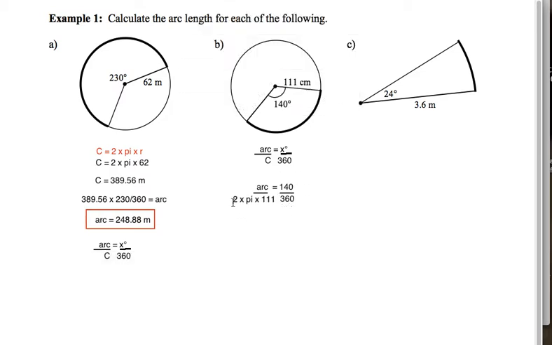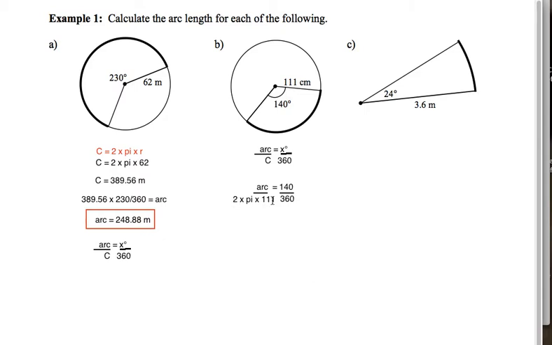Right? So now I've got all the numbers in that I want. And really the only thing I don't know is the arc. Pi looks kind of like a variable here, but remember, this is just a number, 3.14159, blah, blah, blah. So if I have this whole thing set up and I've only got one unknown, I'm going to be able to solve for the arc here.